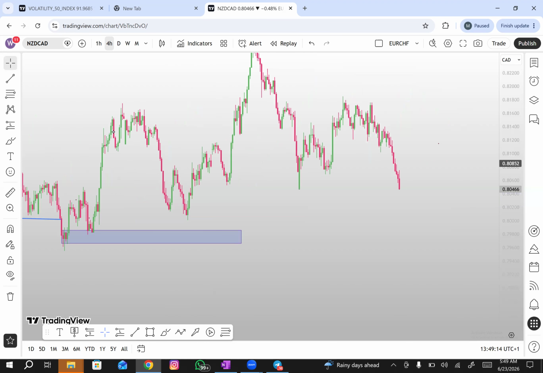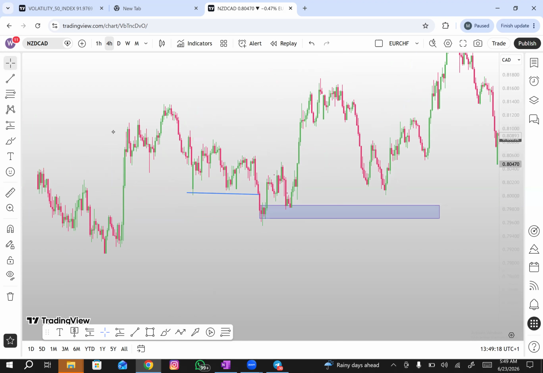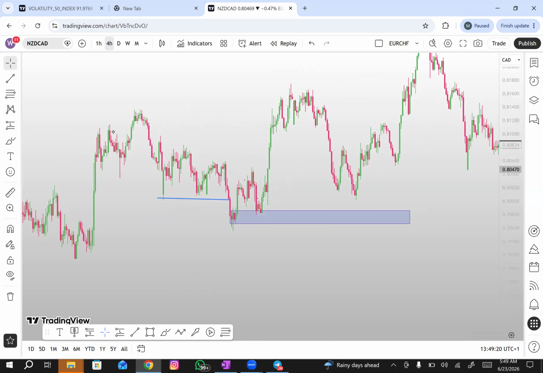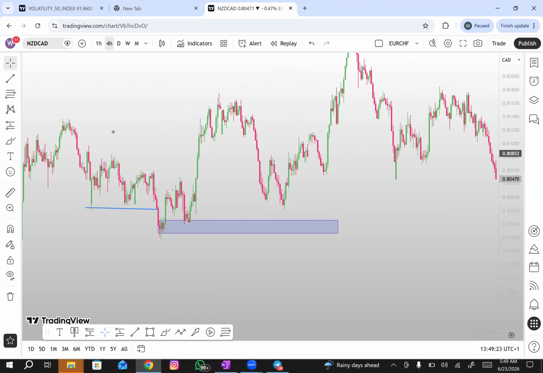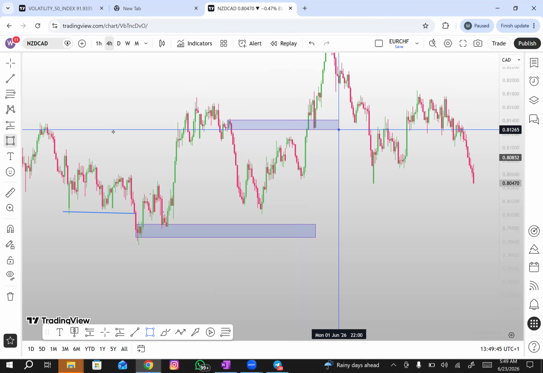So this is another one. The last bullish candle right here is the last bullish candle before a significant bearish move.